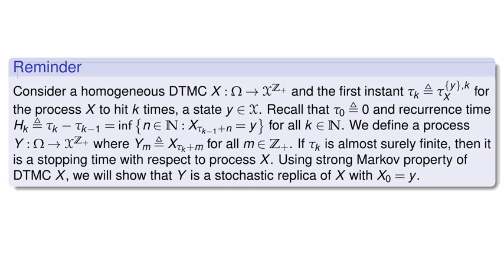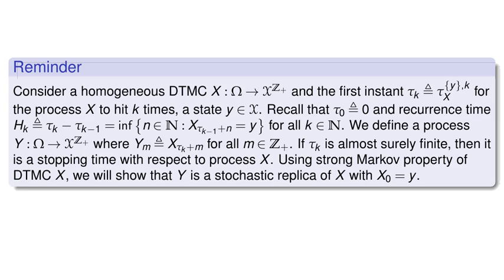As a reminder, consider a homogeneous DTMC X mapping from Ω to 𝒳^(Z+) and the first instant τ_k, which is defined as the k-th time for the process X to hit a state y in 𝒳.